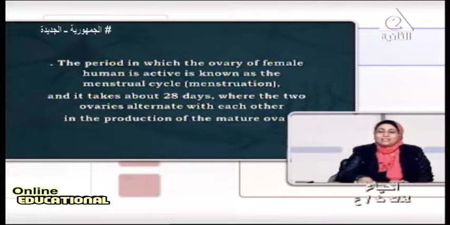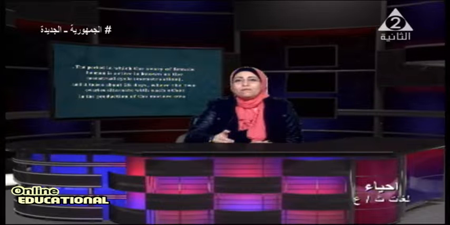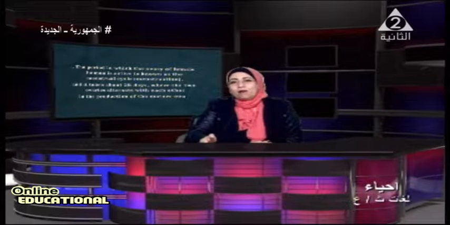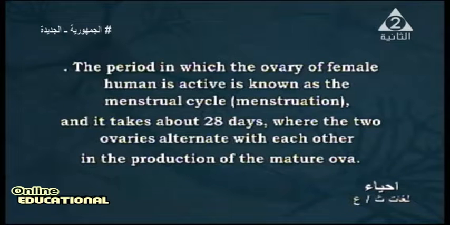At the end of these 28 days, there are 5 days of bleeding, to get the ovum out of the uterus when it is not fertilized. This is the menstrual cycle for the female, every month. When they are pregnant, no menstrual cycle happens. It takes 28 days, where the 2 ovaries alternate with each other in producing mature ova.